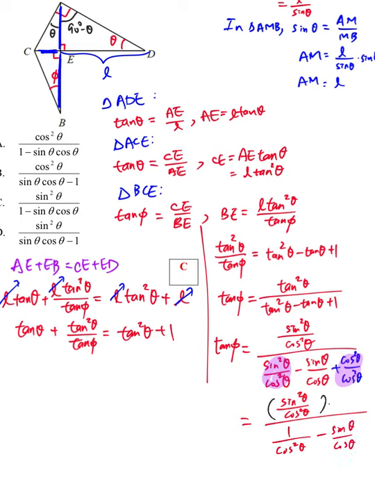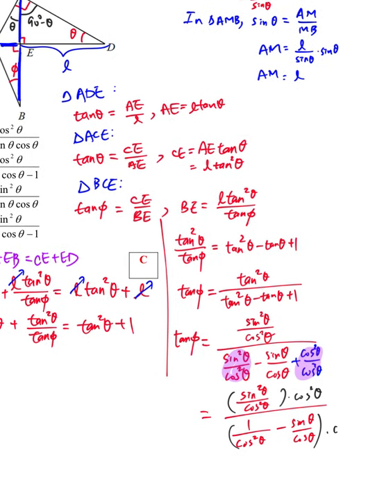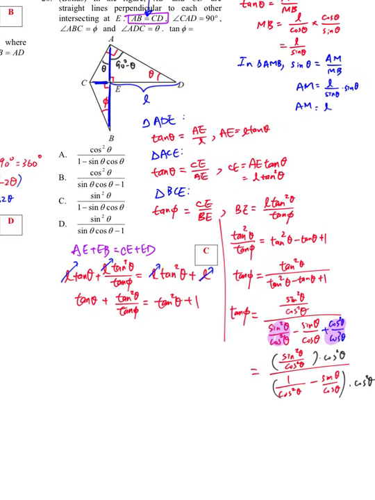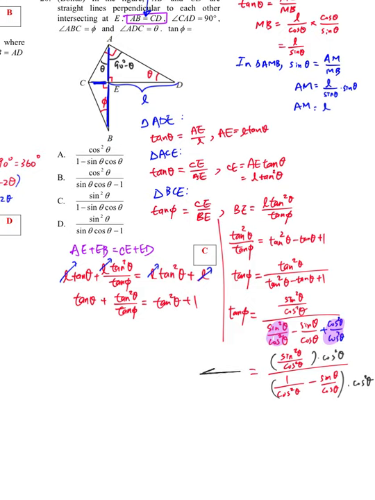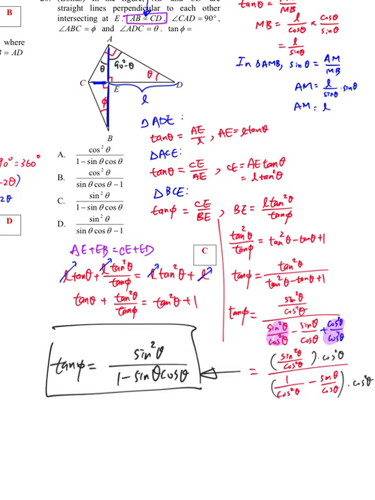And you multiply both the numerator and denominator by cosine squared theta, such that you will receive the final answer that tangent phi equals sine squared theta over 1 minus sine theta cosine theta. Okay, this is a relatively tedious question, but I hope that you can learn something from this question.